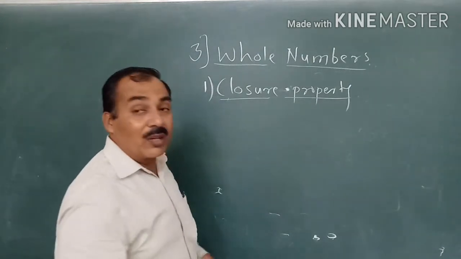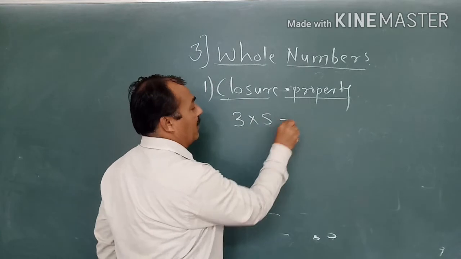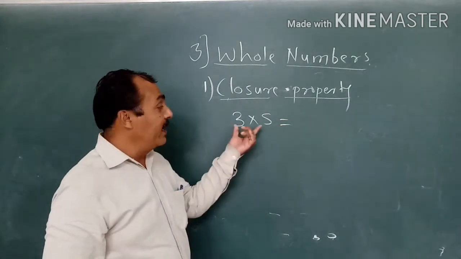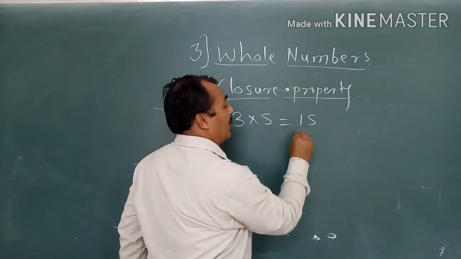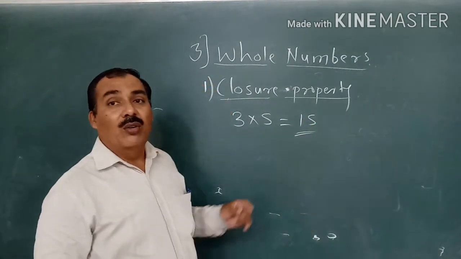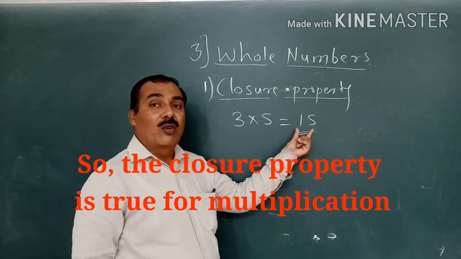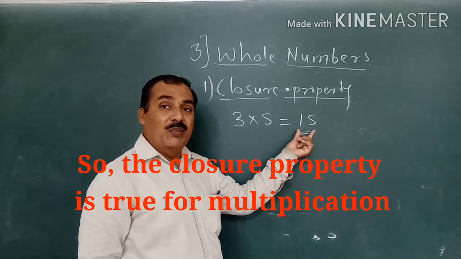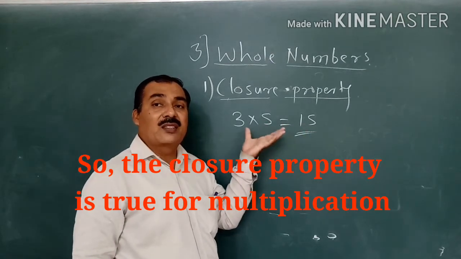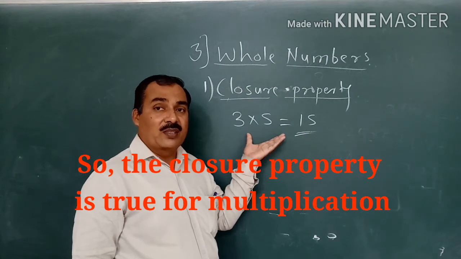Then let us try for multiplication. 3 multiplied by 5. When we multiply any two whole numbers, we always get the answer in the form of a whole number. For example, 3 multiplied by 5 is equal to 15. 15 is a whole number, and this rule is true for all whole numbers.